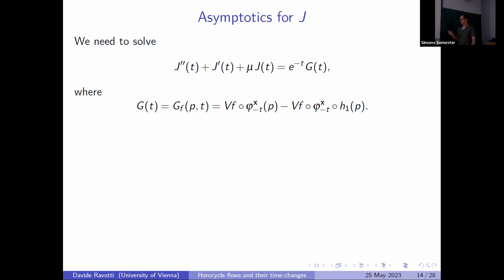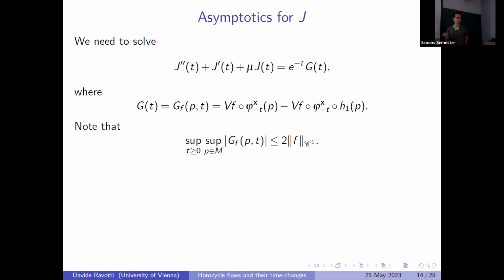But all I care is that this function g_t satisfies some uniform bounds in t. Why? Well, if I want to take the maximum of this, this as a function of t is the value of these derivatives of f at the point that moves.